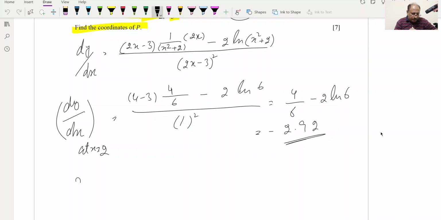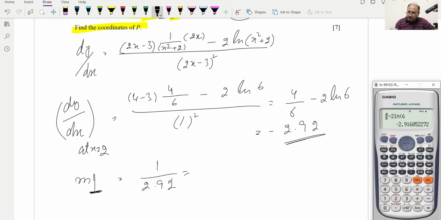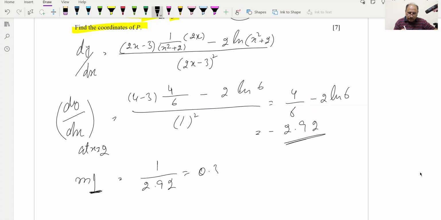Now we can find the gradient of the perpendicular. The gradient of the perpendicular will be the reciprocal, which is 1 over 2.92, and we change the sign, so it will be positive. Now we take 1 over 2.92, and this will result in 0.342. So 0.342, this will be the gradient.